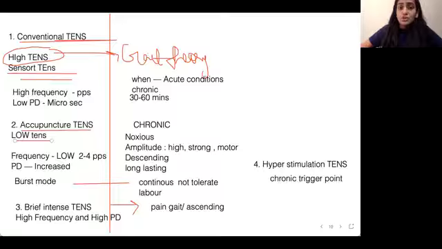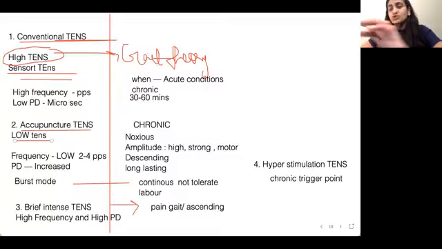The question says acute L5 radiculopathy, pain is rated at 9 out of 10. If you stop reading here, you're going to put conventional TENS. But if you read further, the therapist decides to apply TENS prior to manual therapy, so your answer is going to be brief intense TENS. Good job. The answer should be 2, not 4, because it says prior to manual therapy.